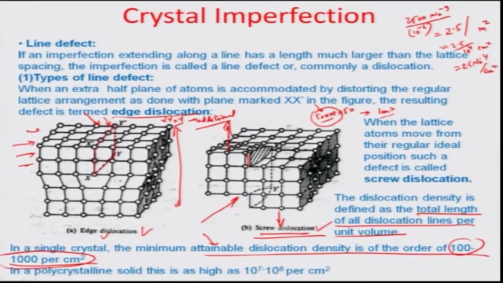So, you can think of it that the actual attainable dislocation density, of the order of 100 to 1000, is about 10 to the power of 6 times this value. So, most of the lattice is basically pre-stressed because of all these conditions, and that really gives a wonderful insight into why, because of these dislocations, there is going to be an effect on the overall mechanical properties of the material.